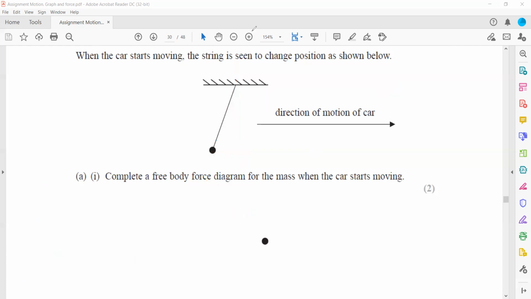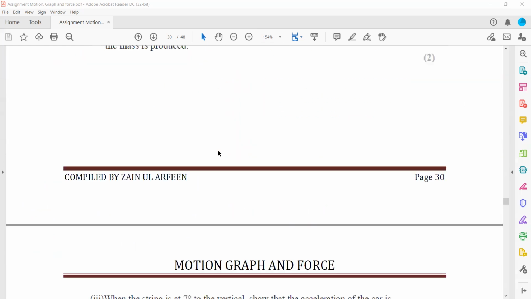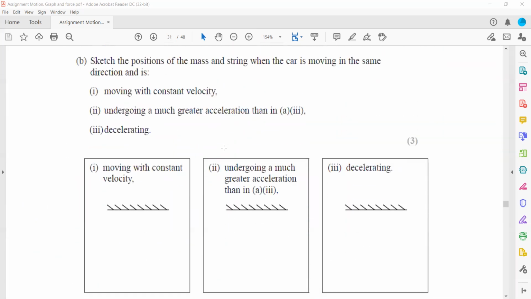Next is question 31 part B. Sketch the position of the mass when the car is moving in the same direction at a constant velocity. Constant velocity means there should be no resultant force on the x-axis or y-axis.